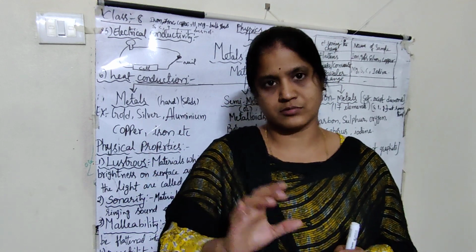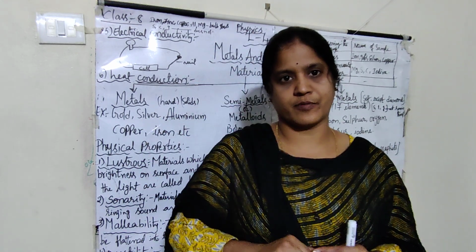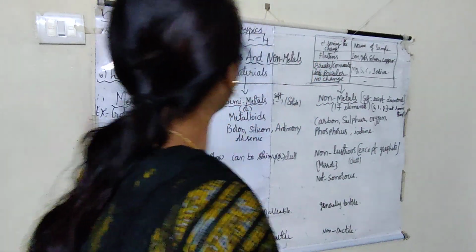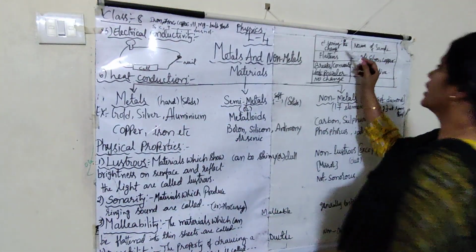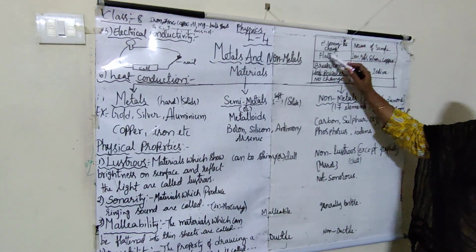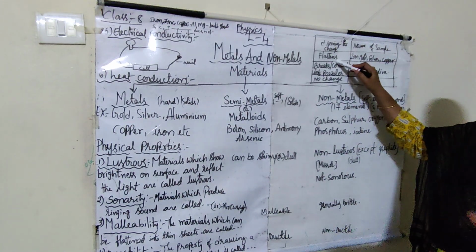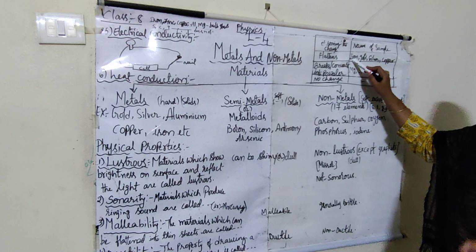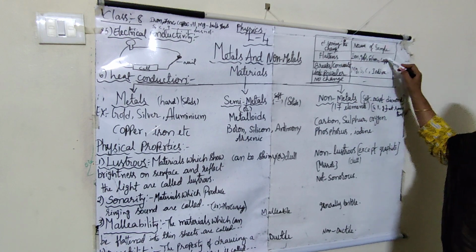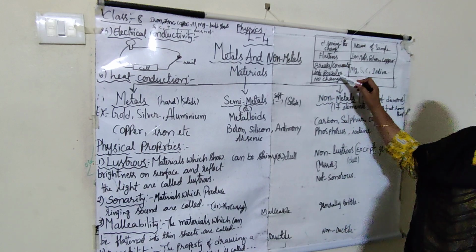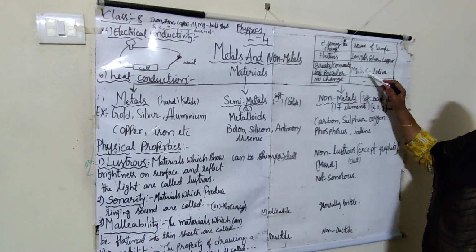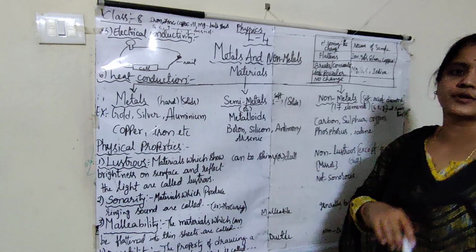You note it in one tabular form. In that, observing the change: flattens, only the metals iron, gold, silver and copper; breaks and converts into powder, only the non-metals magnesium, sulfur, carbon and iodine.